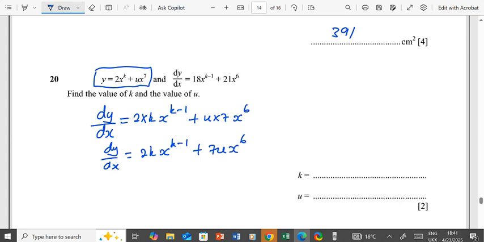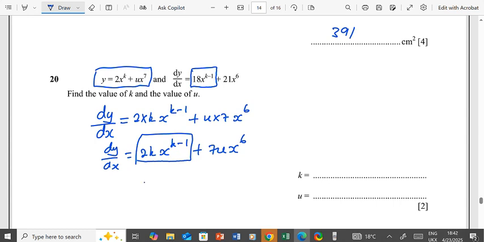So we have two functions in terms of dy/dx, and we just need to equate them. You can see that 2k x to the power k minus 1 can be equated to 18x to the power k minus 1.